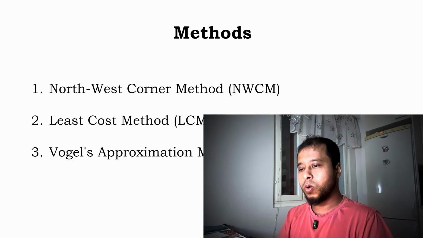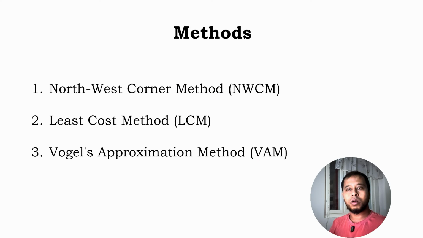There are three popular methods of solving the transportation problem. Those are the northwest corner method, least cost method, and Vogel's approximation method. Today we will dive into the northwest corner method. What is our objective for today's lesson?